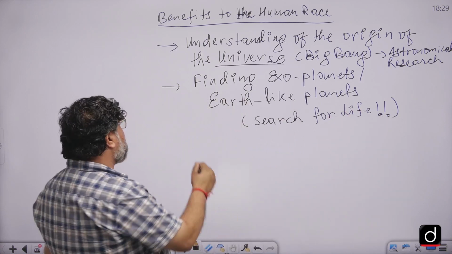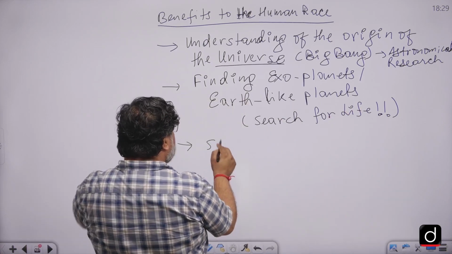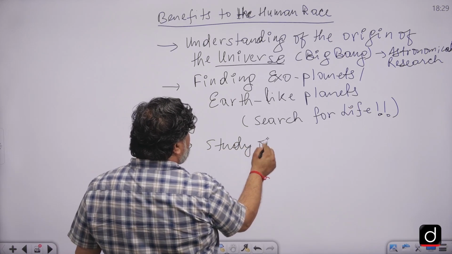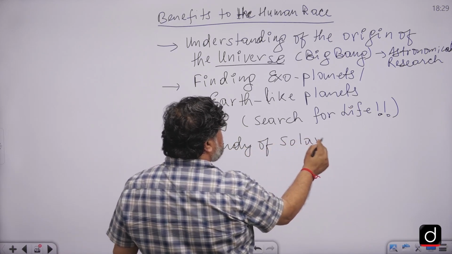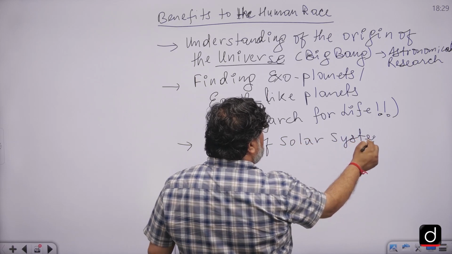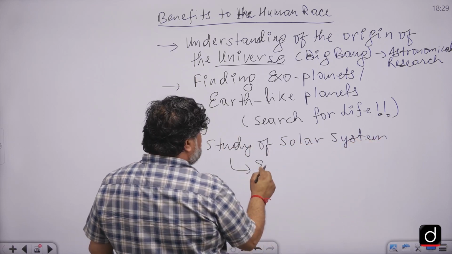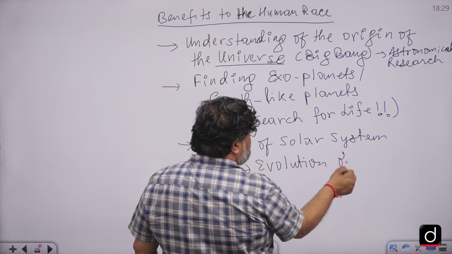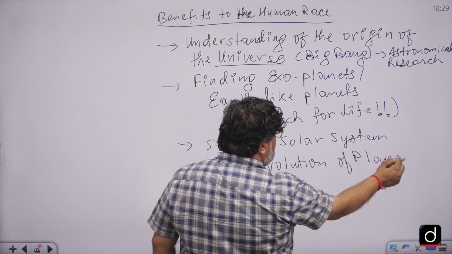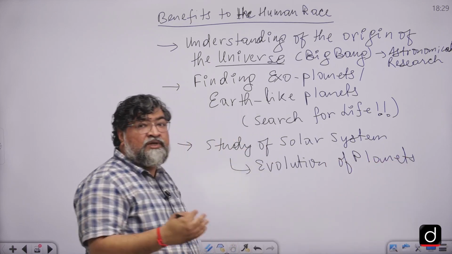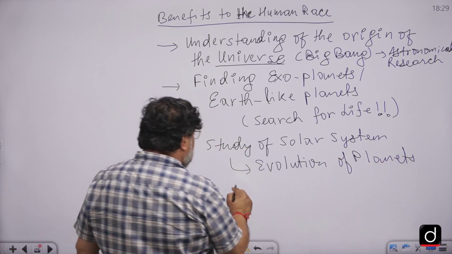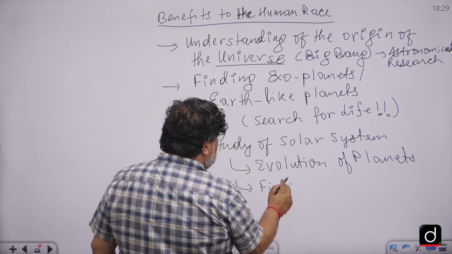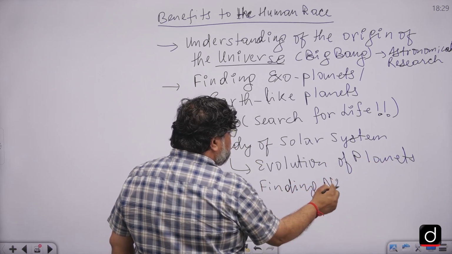And another very important thing here is the study of the solar system. We can study here the evolution, how the solar system evolved, evolution of the planets, right? Are there any other bodies, let's say here, finding new celestial bodies?